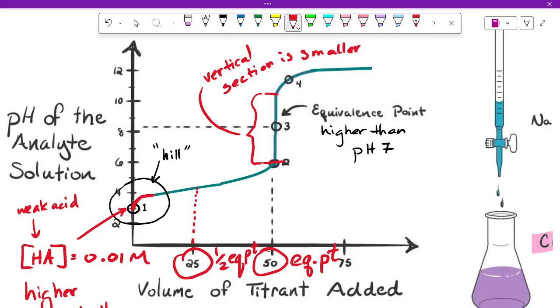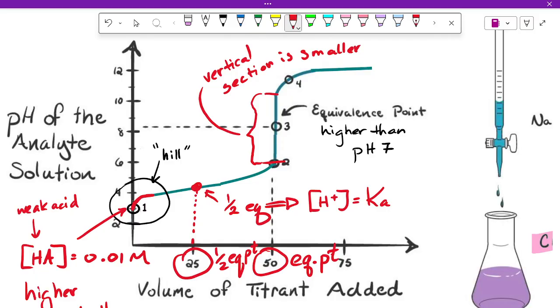What is true at the half equivalence point? Yeah, at the half equivalence point, the concentration of H plus is equal to Ka.